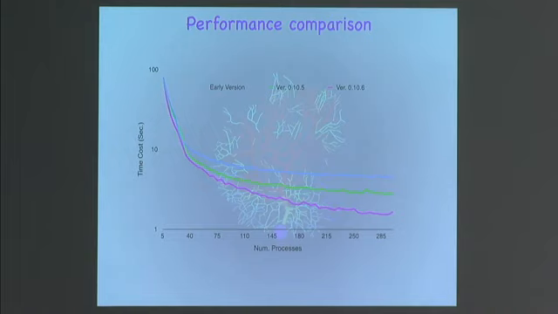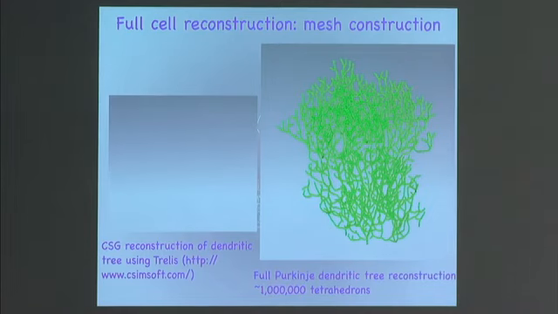So in the last part of the talk, I want to go now to the full branched morphology. First of all, it's actually not that trivial to generate a tetrahedral mesh for such a large branched morphology.